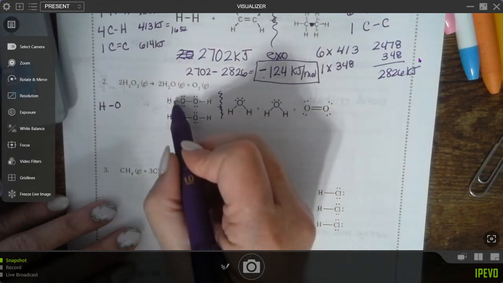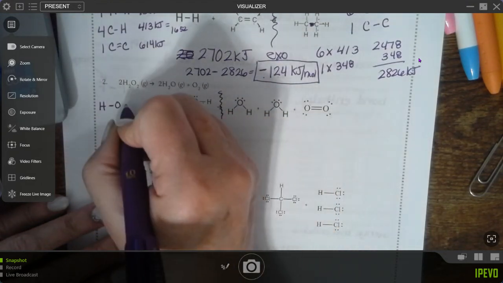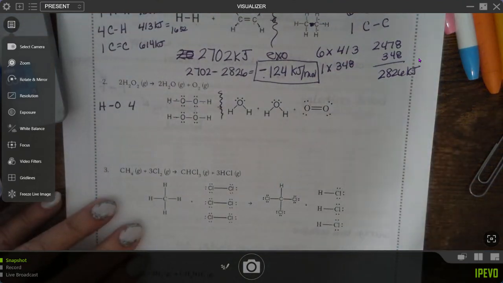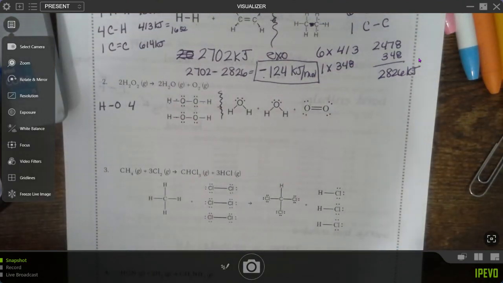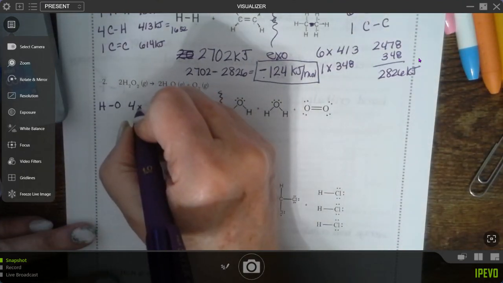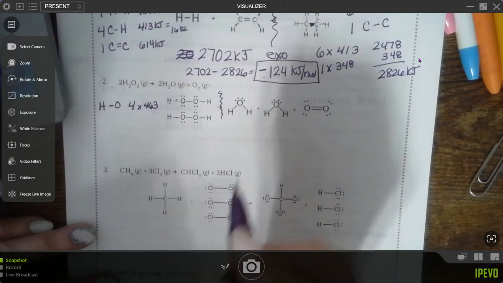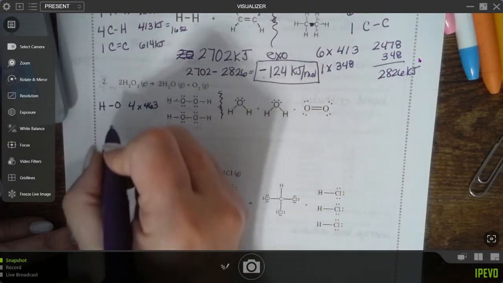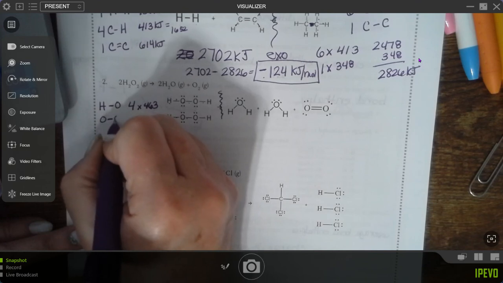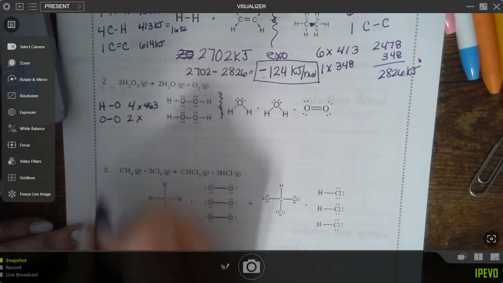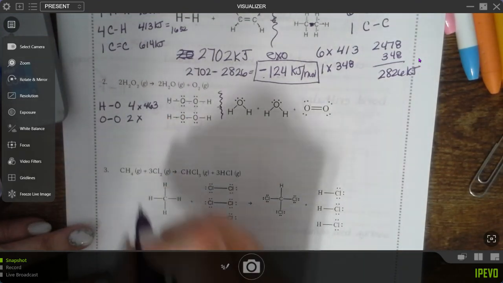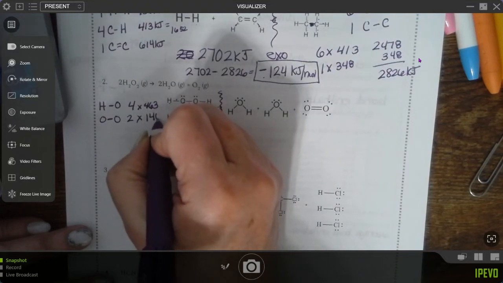Hydrogen-oxygen, we have 1, 2, 3, 4, and the value is 463. And then we have 1, 2 oxygen-oxygen single bonds, and the value in my table for that is 146.